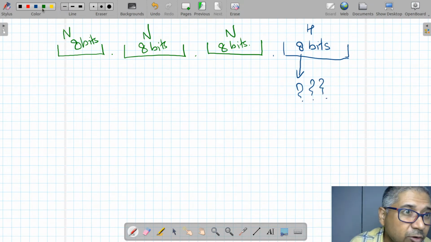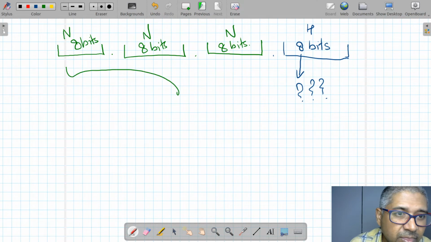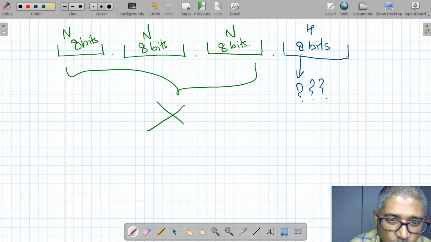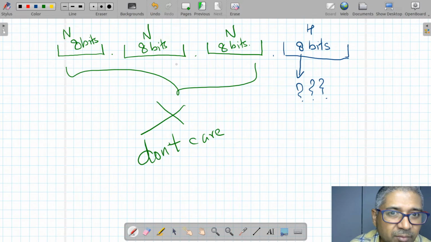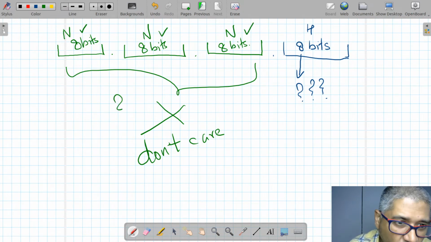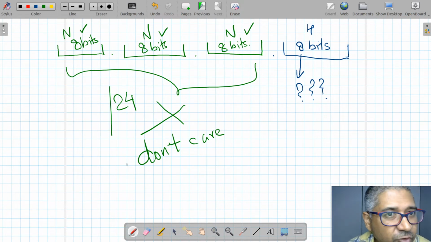What about the network bits, sir? These are reserved. Do not care, which means you should not touch anything there. Because this is 8 plus 8 plus 8, 24, slash 24. The Class C default network is slash 24.